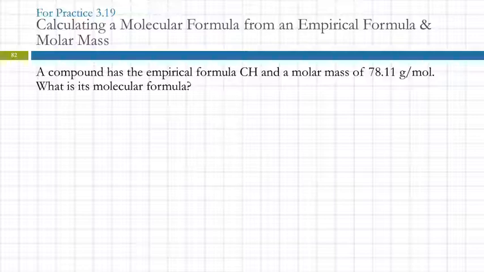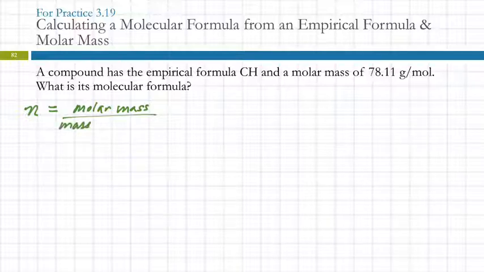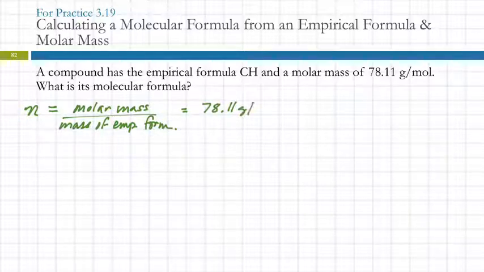So to find N, what I need to multiply the subscripts by, I'm going to take the molar mass and divide by the mass of the empirical formula. There's just no great short way to write that. The molar mass is given to me, 78.11 grams per mole.